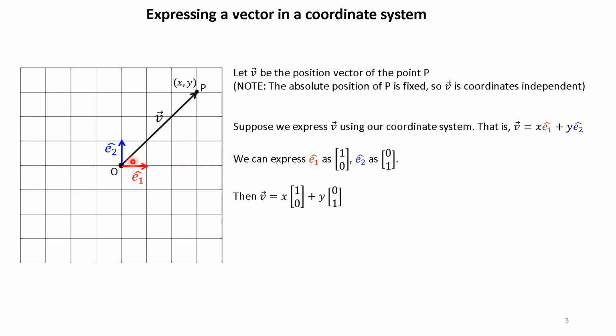But if I use these two basis vectors to express this v vector, then v is equal to x times e1 hat plus y times e2 hat. Here we express e1 as (1, 0) and e2 as (0, 1), and then v is just (x, y).